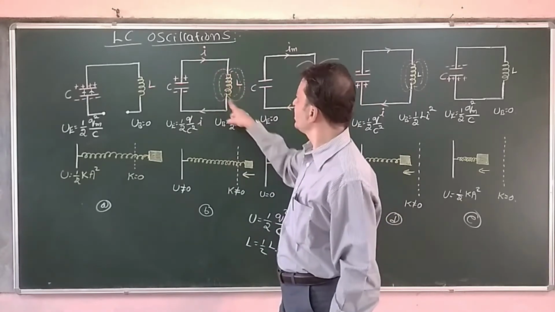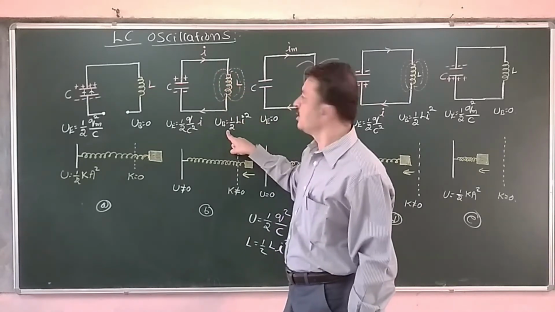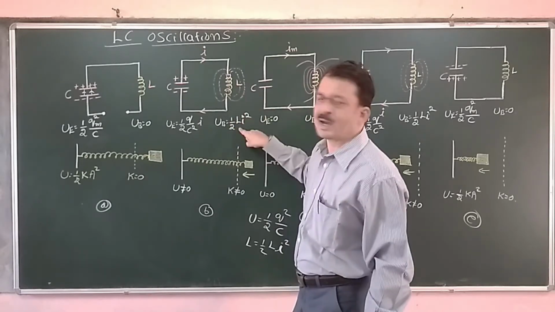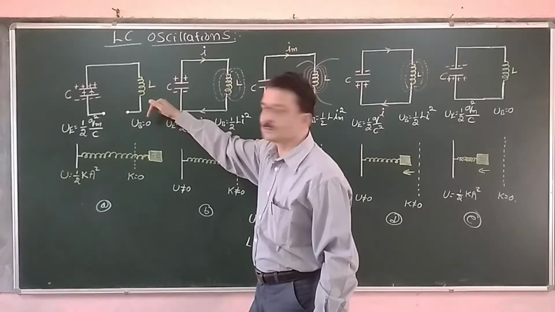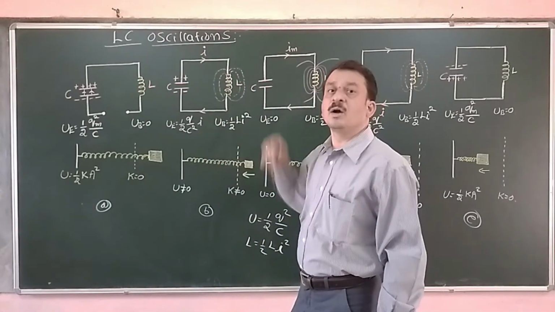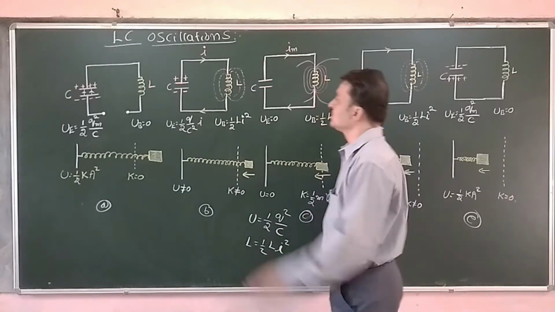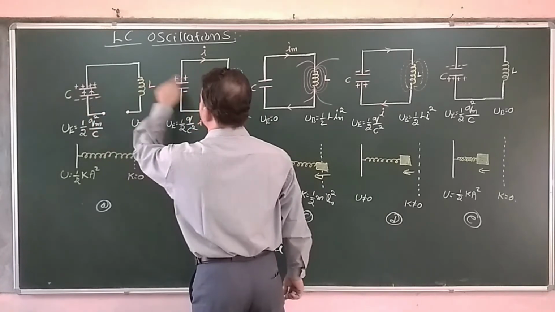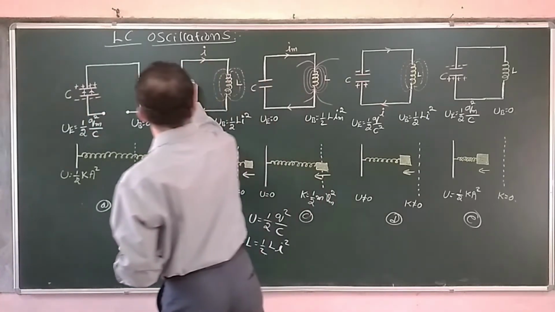Obviously there is a current flowing in the inductor, therefore we get magnetic energy in the inductor, that is half L I square. Therefore electrical energy is converting into magnetic energy. Here there were 4 sets of charges, and now we have only 2 sets of charges.